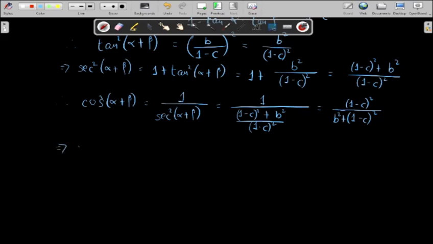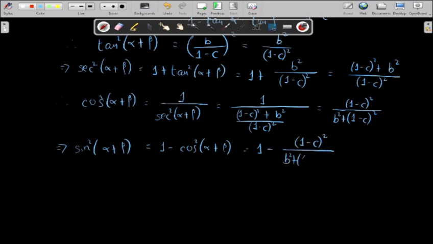So it will be very easy to finally find out what is sin square alpha plus beta, because sin square theta is 1 minus cos square theta. So in the same way, sin square alpha plus beta will be 1 minus cos square alpha plus beta. So it looks like we have finally gotten the structure. After taking the LCM, this is your first term.